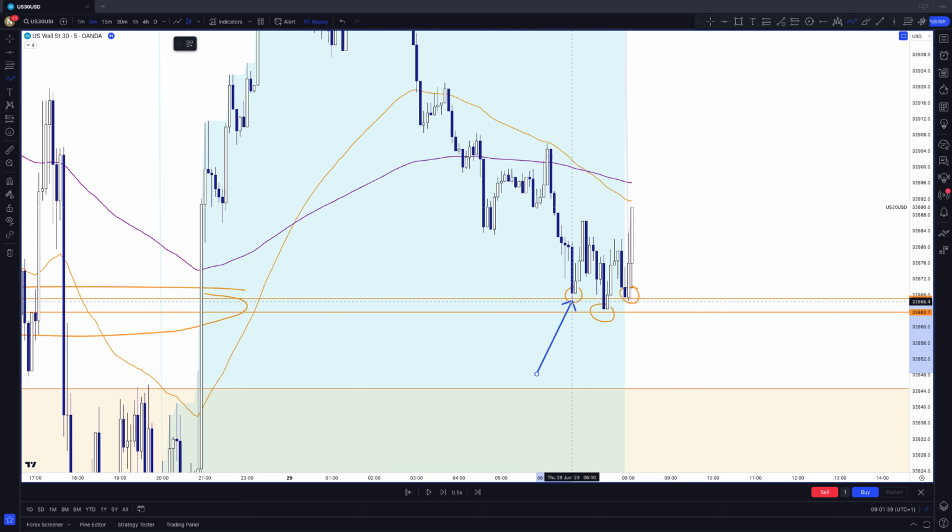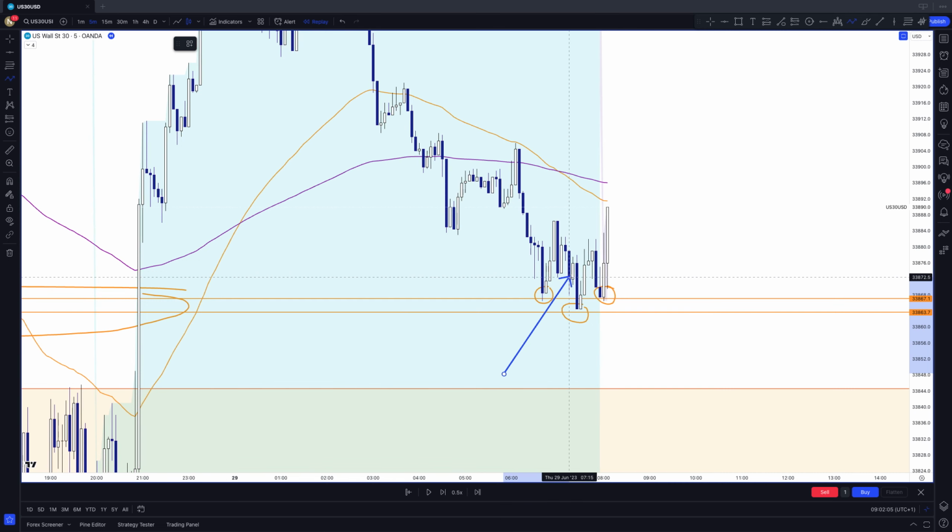The wick came all the way down here, price popped back up, came down below the wick, creating the head, going back to the upside, came down again, and now look at this wick. This was the opening candle, 8 o'clock London time. This opening candle could not close below the left shoulder. It went exactly to the same level and then popped back up.